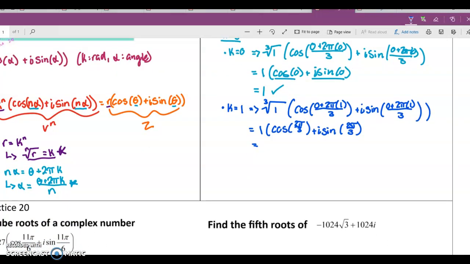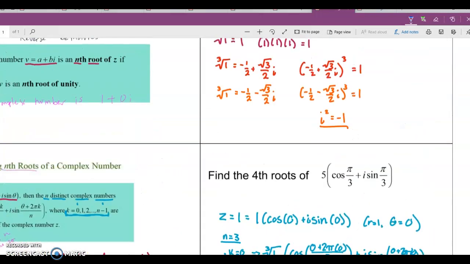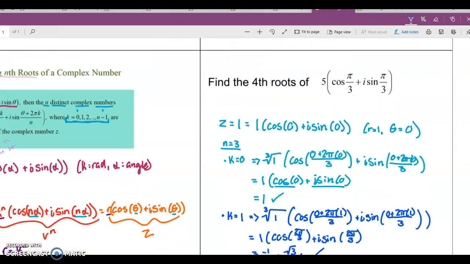We can just distribute this 1. The cosine of 2 pi over 3 is negative 1/2, and the sine of 2 pi over 3 is square root of 3 over 2 times I. Look at that. That's one of those that I mentioned right up here.